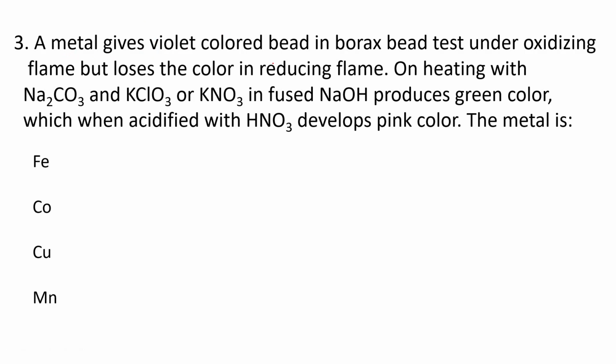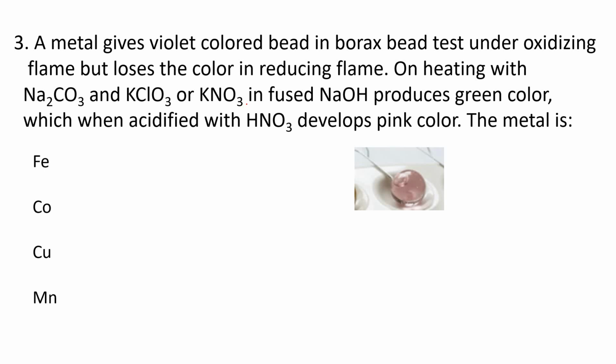A metal gives violet colored bead in borax bead test under oxidizing flame but loses the color in reducing flame. So it gives the violet colored bead in the oxidizing flame.